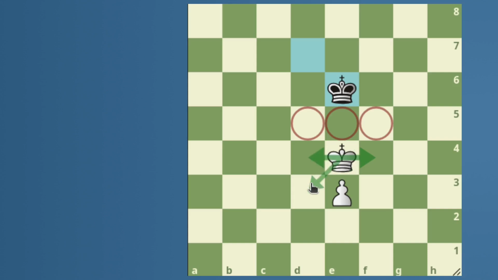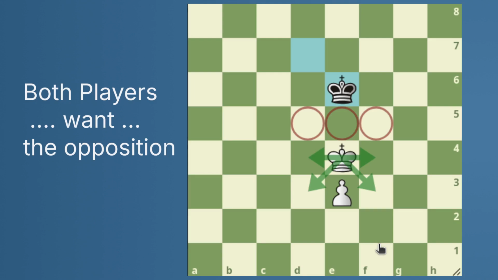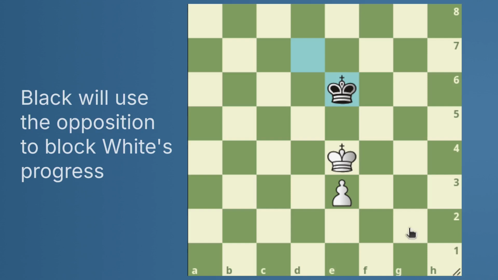Here's the most important idea of this video. Both players want the opposition, want to use the opposition, but for different reasons. Black wants the opposition in order to block white's king from moving forward.